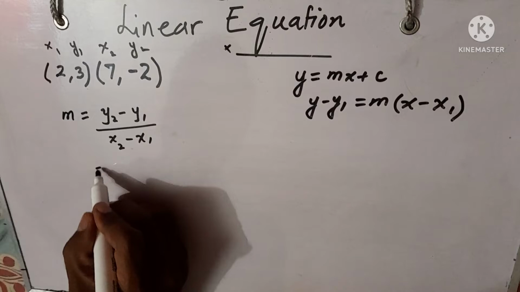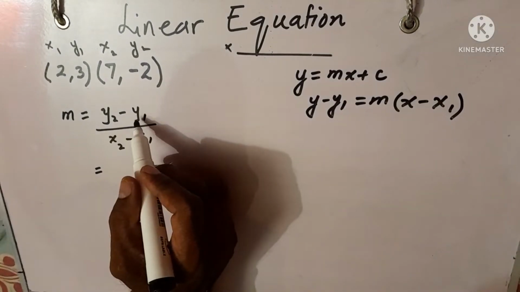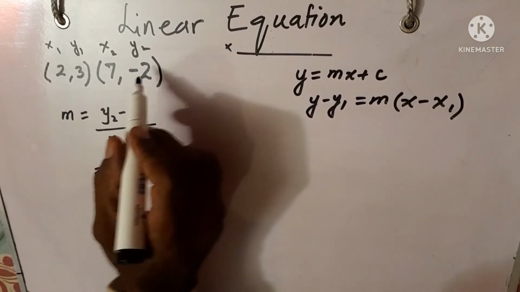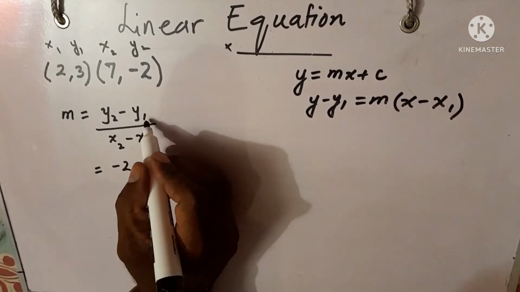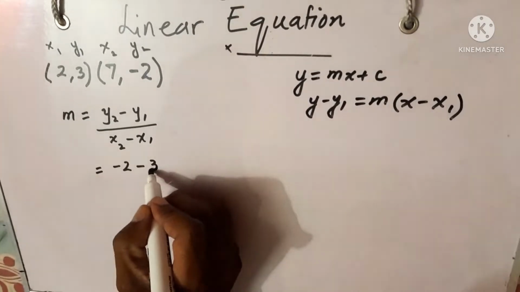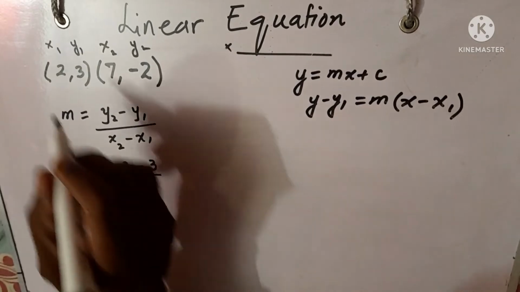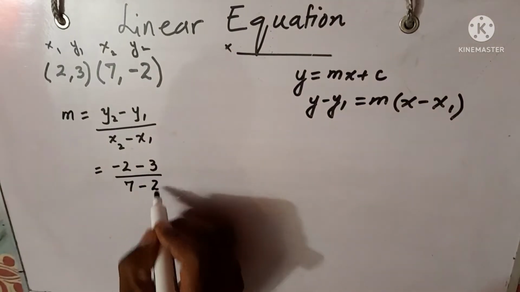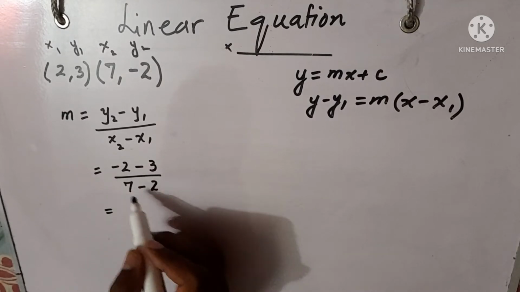I will simply replace my y2, y1, x2 and x1 with the values given here. My y2 is -2 and my y1 is 3, and my x2 is 7 and my x1 is 2. So that's how I substitute the values.